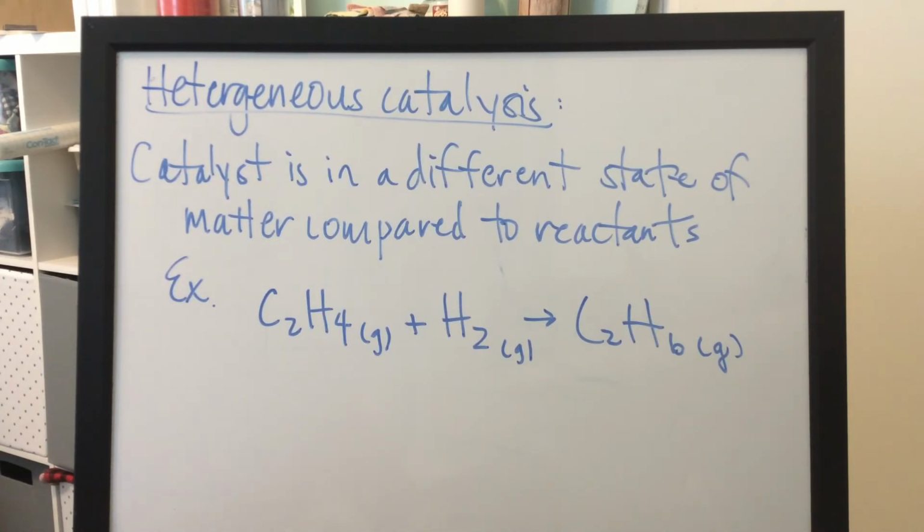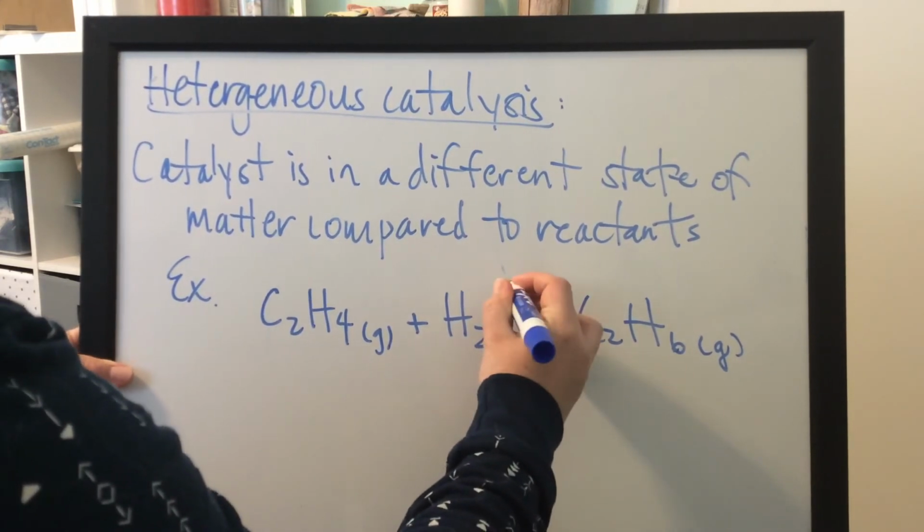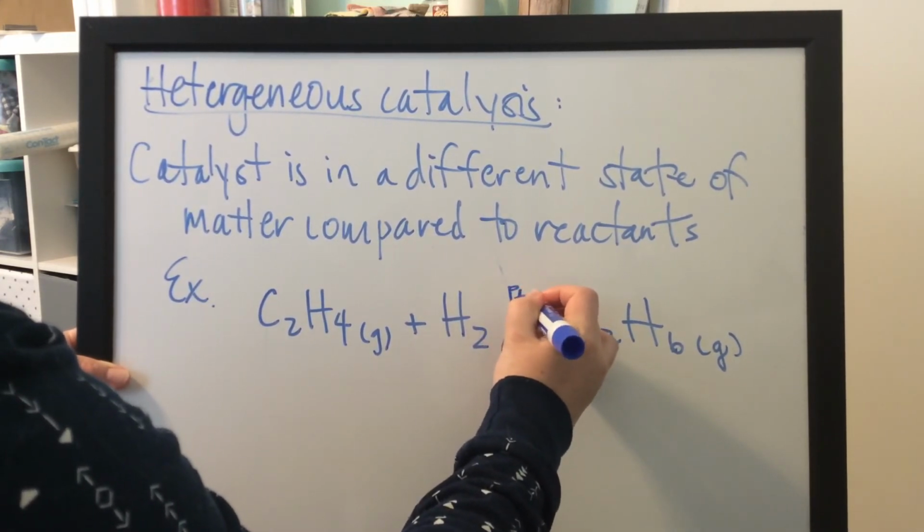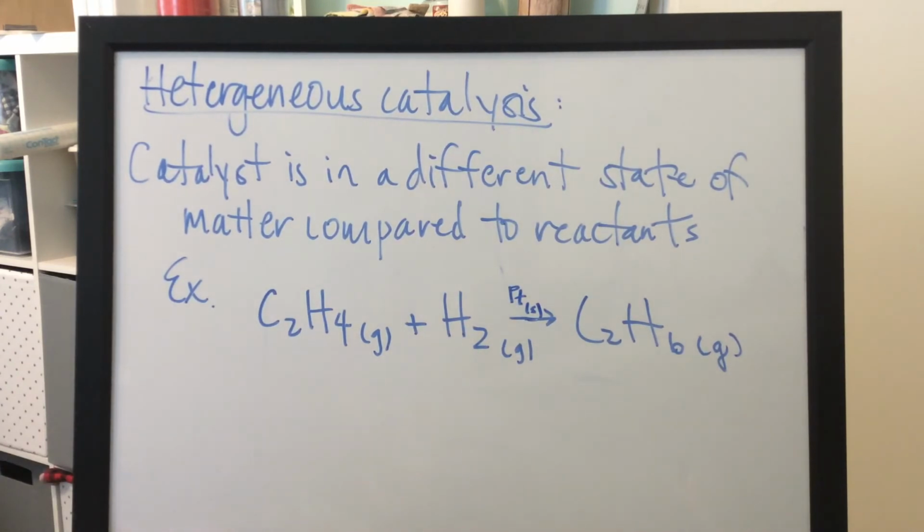This reaction can be catalyzed by a couple different metals, one of them being platinum. Sometimes you'll see it written like this, kind of above the arrow, and that is showing you that that's a catalyst. That's worth knowing, that sometimes the catalyst is written above the arrow. And in this case, it's a solid, so it's a heterogeneous catalyst because my reactants are gases.